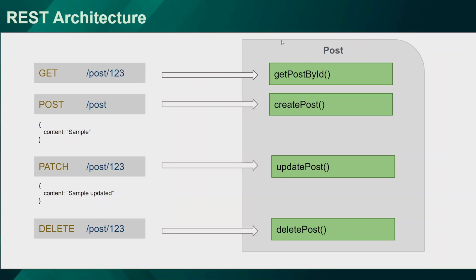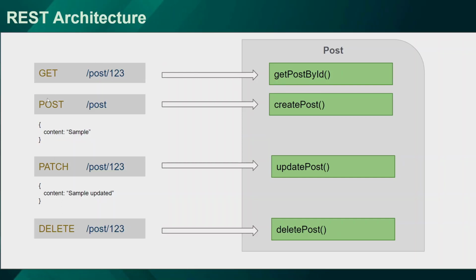If you want to get a specific post, we can send this request to our backend, right? Let's say post/123, where 123 stands for the specific ID of a post. Once we invoke this URL, what happens in the backend is that it calls the function get post by ID, and it will return the corresponding post for us.